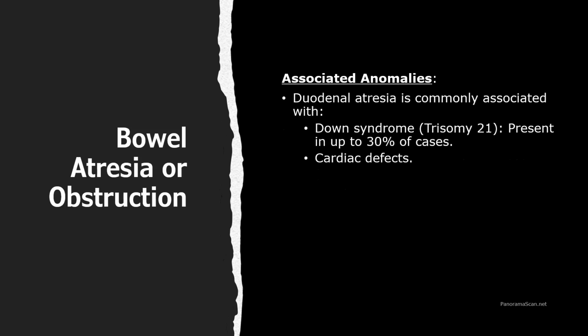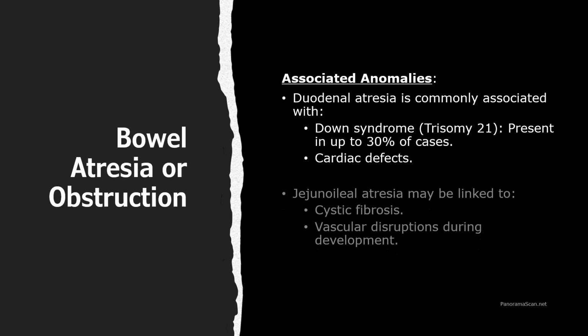Atresia is often linked to other congenital conditions which can impact diagnosis and management. Duodenal atresia is strongly associated with Down syndrome, occurring in up to 30% of cases, and may also be linked to cardiac defects.